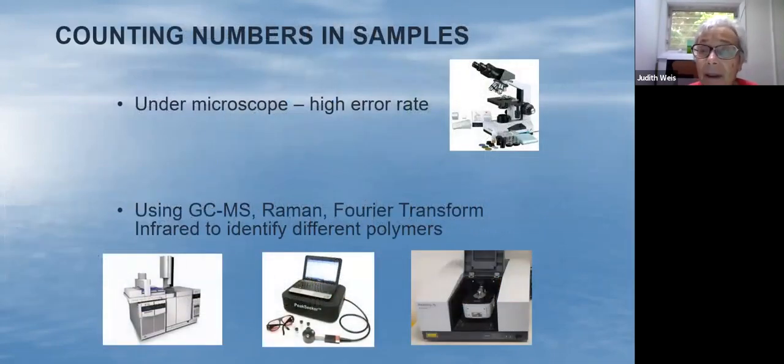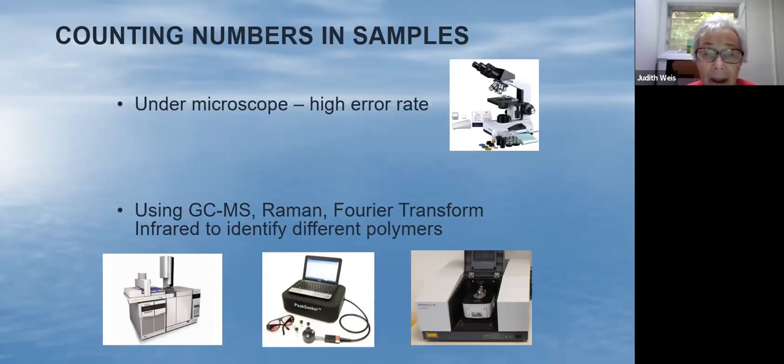So once you've got them collected, and hopefully you collect them in a way that will be more accurate rather than more inaccurate, what do you do to count them? Well, a lot of groups use microscopes, but microscopes have been found to have a very high error rate in the counting. There are sophisticated chemical equipment with various names.